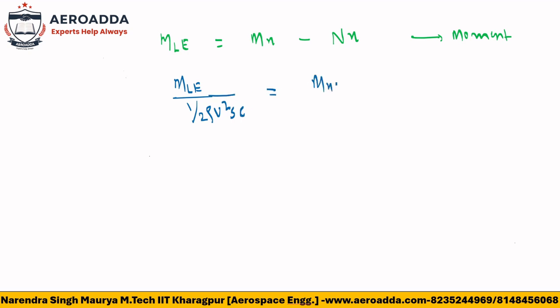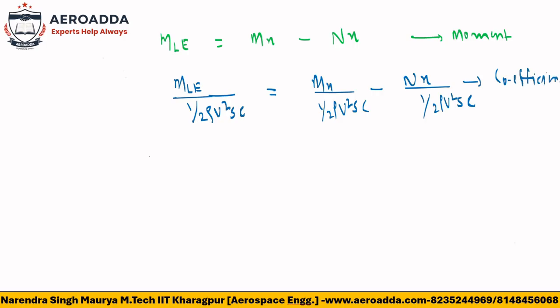Similarly here also, mx divided by half rho V square S into C. So this is now the coefficient. Obviously the moment coefficient. Check, it will now be converted to CMLE, which is equal to CMX minus C. Everybody concentrate.